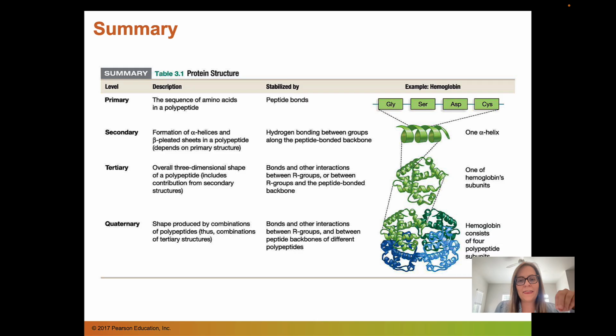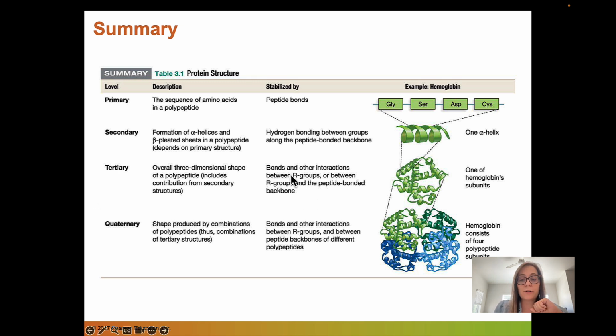I just want to end this video by reviewing the types of protein structure. The primary sequence of amino acids makes up the primary level of protein structure, and it's characterized by peptide bonds. Moving on, we have hydrogen bonds in the backbone that form either alpha helices, the spiral, or beta pleated sheets, which have turns.